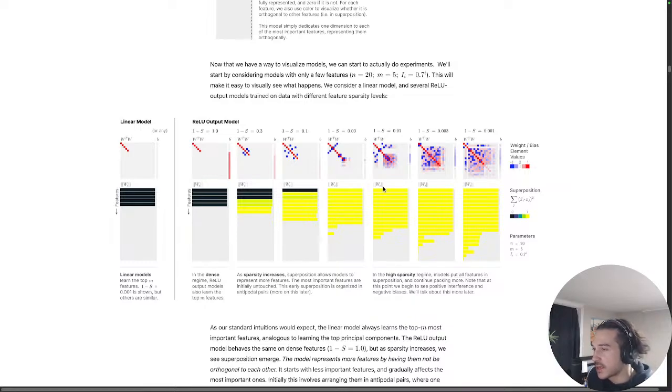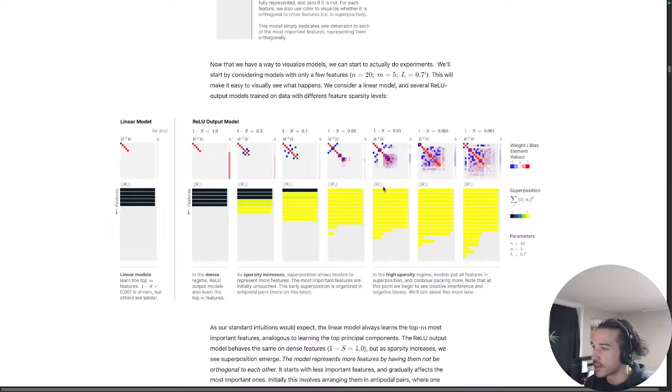And in the Wi norm plot, we see 3 orthogonal features, but then 4 more, which get increasingly light, which move increasingly toward 1 in that superposition equation. As sparsity increases, superposition allows models to represent more features. The most important features are initially untouched. This early superposition is organized in antipodal pairs.